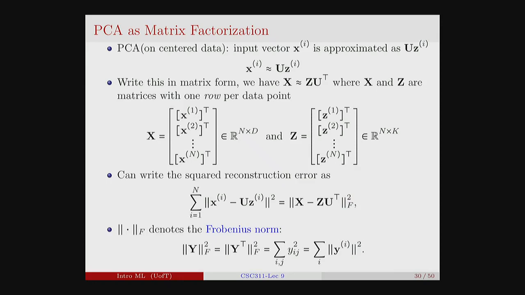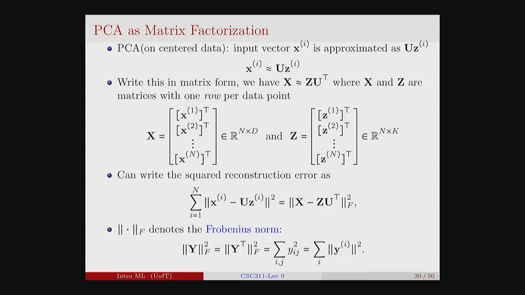So just as you have L2 norms over vectors, you also have norms over matrices. And the Frobenius norm is one such norm. So the Frobenius norm of a matrix Y, or Y transpose, is basically summing up over all the ij entries and squaring each entry. That's just a definition of the Frobenius norm, which is equivalent to the norm squared of each of the rows of the matrices.